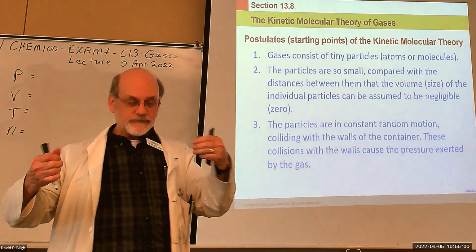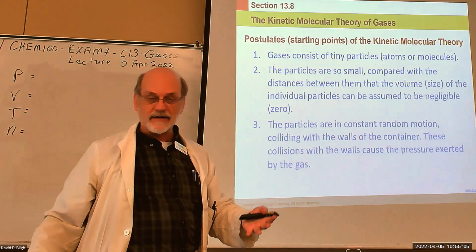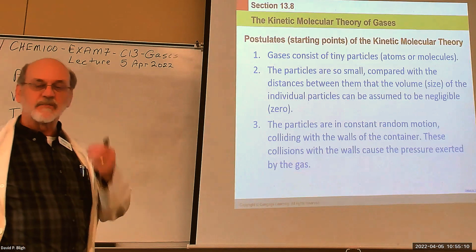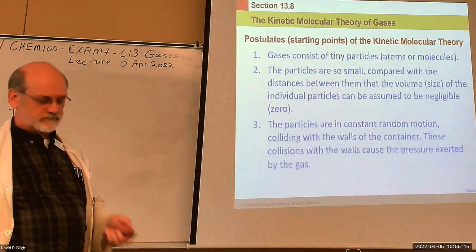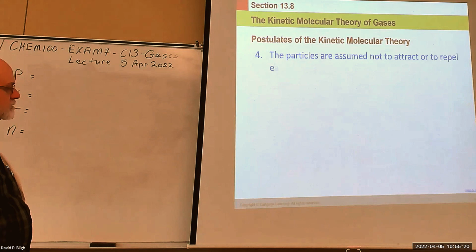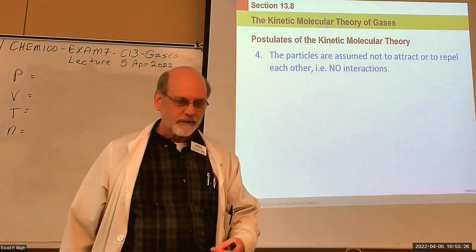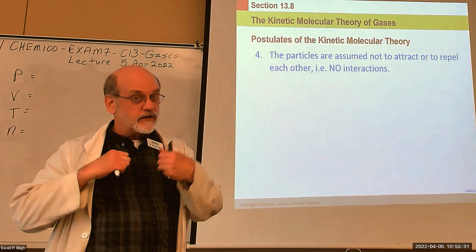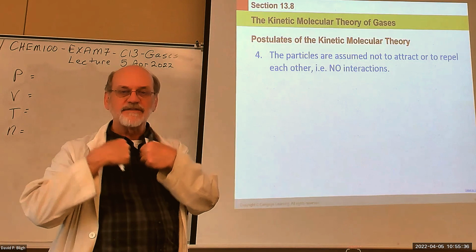We know that if two molecules come together at a certain angle, a certain energy, we can predict how they're going to act for one collision. But these are billions and billions of collisions per microsecond. So we say the motion is random. We also have to assume, at least as our starting point, that when these molecules impact one another, and they do, they do not interact in any way except physically.